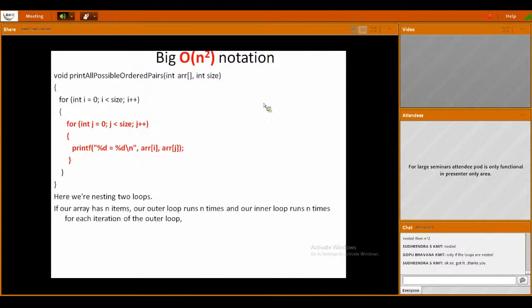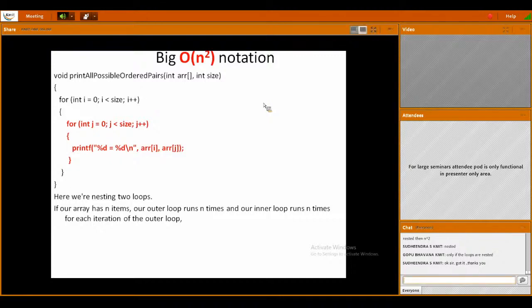Firstly, it is nested. Therefore, if our array has n items, our outer loop runs n times. All of you agree, and our inner loop runs n times for each iteration. Somebody was trying to explain this very correctly. I got your point, and I appreciate it.